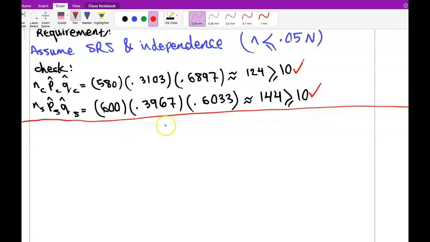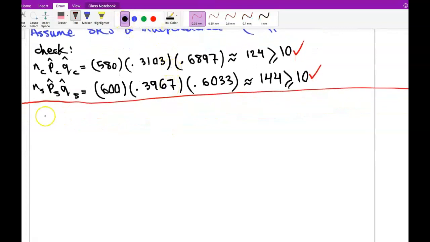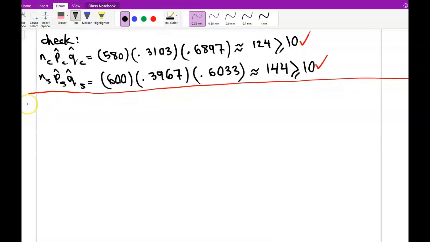Okay, after that, now testing it. So starting with step 1. We have null and alternative: the null is that the first population proportion is equal to the second, and the alternative is that these two are not equal. Why do I have this two-tailed test?